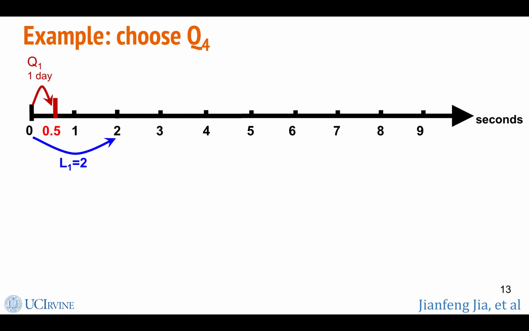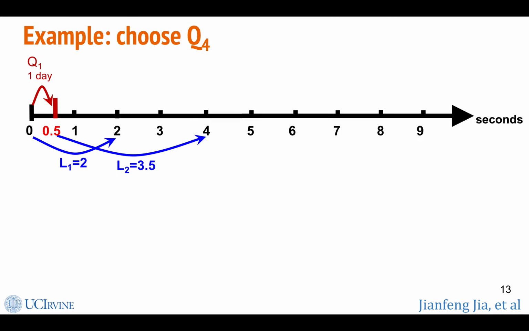We start the first query using a 1 day time range, and if the query finishes within 0.5 seconds, the next time limit for Q2 is extended to 3.5 because we already have one result reserved, and we only need to return a result at time 4.